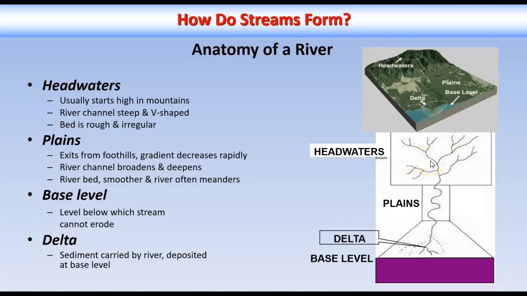These tend to be, we said, steep, and so that means there's a lot of erosion where things carve down into the ground, so we call that vertical erosion. So if you've been up in the mountains, a lot of times these are steep canyons, you get waterfalls and fast-moving water. This is the young part. As it moves out of the headwaters in the mountains and gets into the plains, this is where the gradient, which is the steepness of the river, changes.